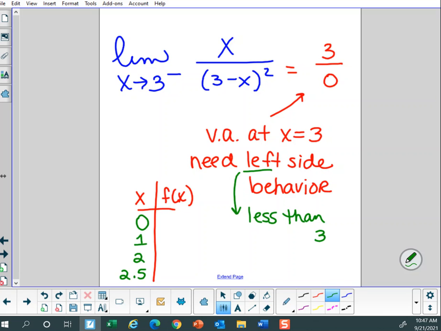So less than 3 and go up till we get close to 3. So this would be 0 over (3 minus 0) all squared. So a 0 on top is a 0. Then 1 over (3 minus 1) all squared. So that would be 1 over 2 squared, or a fourth.